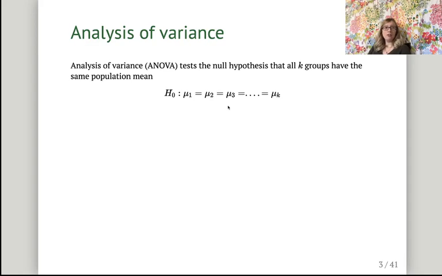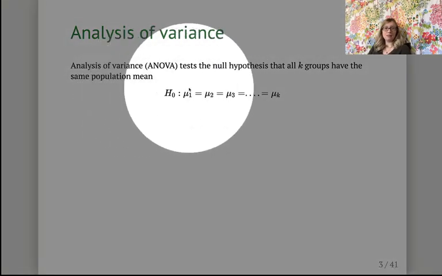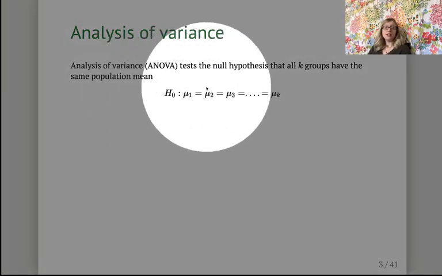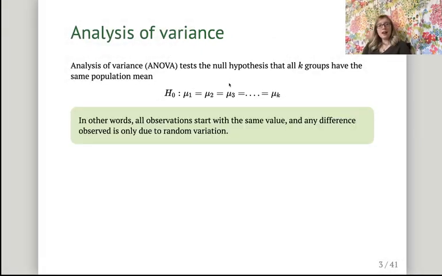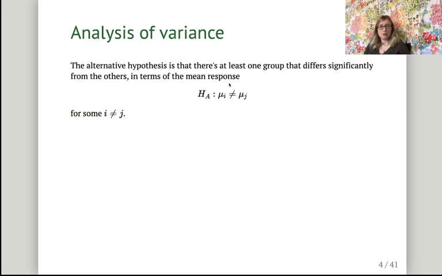So our ANOVA null hypothesis is that mu1 is equal to mu2 is equal to mu3, and so on. In other words, all of our observations are assumed to start with the same value. Then any difference that we're observing can be attributed just to random variation.